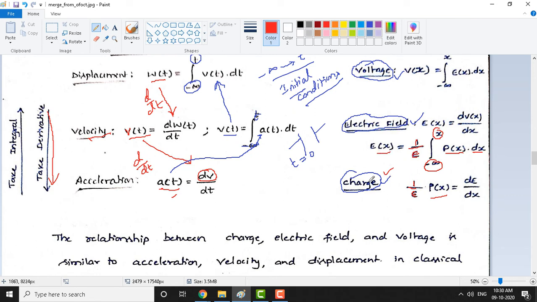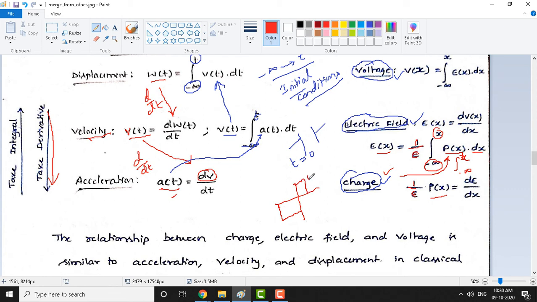That means if you know the charge density and integrate it between the limits minus infinity to t, or x here in this case as a distance, that gives you the electric field. This is what you have seen earlier. For a p-n junction, the charge density looked like a step waveform like this.